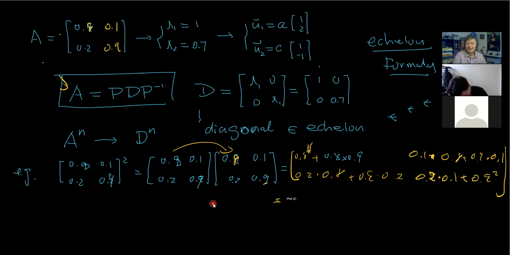Okay, so this is going to be 0.8. I think I need a calculator for this one. All right, so that's going to be 0.8, 0.8. That's going to be 0.64 plus 0.16 plus.